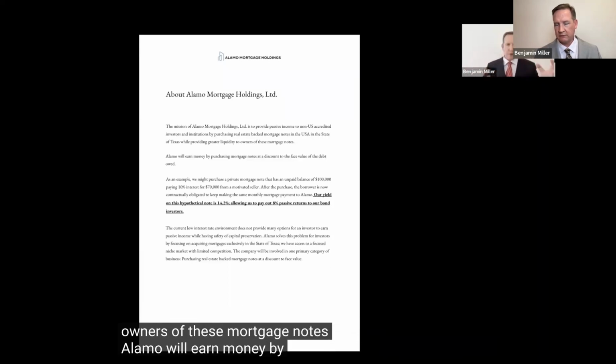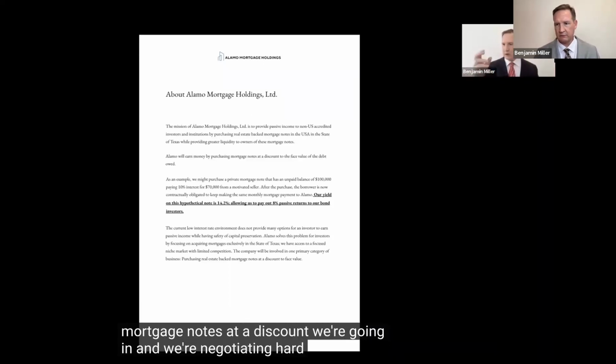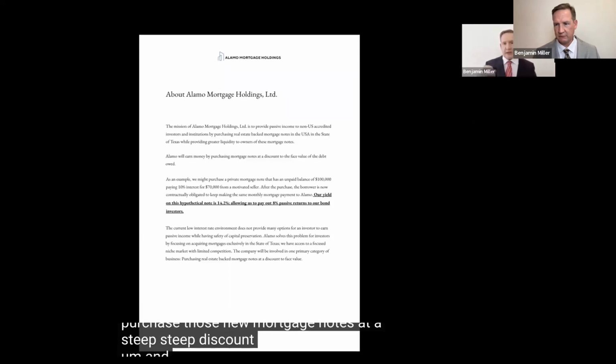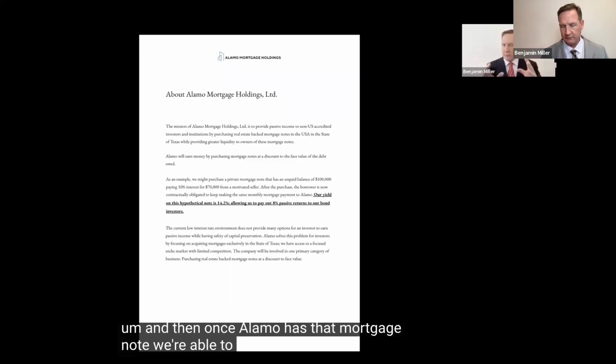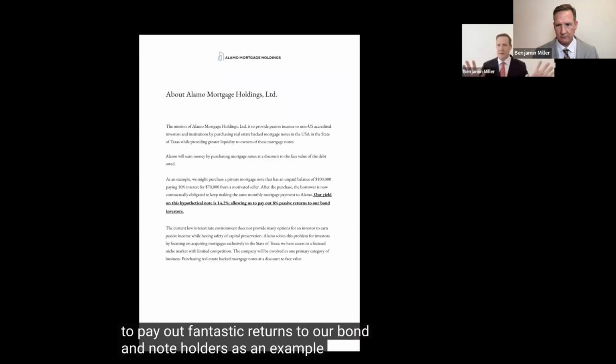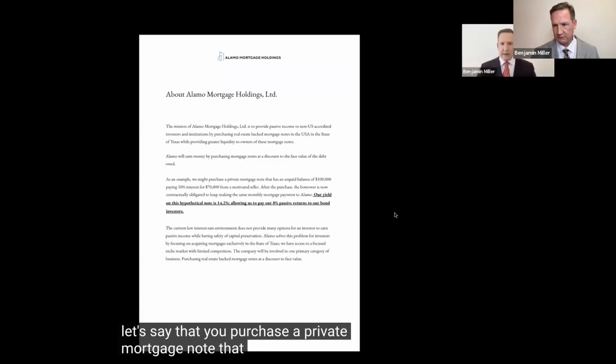Alamo will earn money by purchasing mortgage notes at a discount. We're going in and we're negotiating hard to purchase those mortgage notes at a steep discount. And then once Alamo has that mortgage note, we're able to pay out fantastic returns to our bond and note holders. As an example, let's say that you purchase a private mortgage note that has an unpaid balance of $100,000.